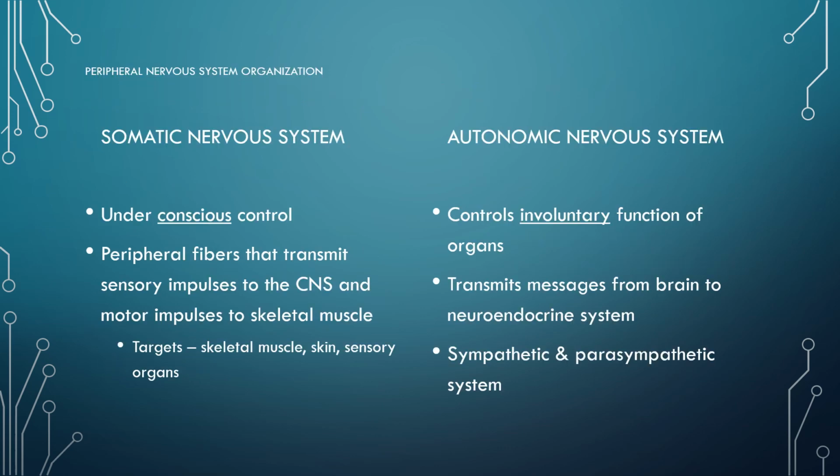Okay, just a real quick review of the peripheral nervous system organization. You have your somatic nervous system and then your autonomic nervous system. Somatic is what is under conscious control. So that is the movements that you want to do and you command your body to do.